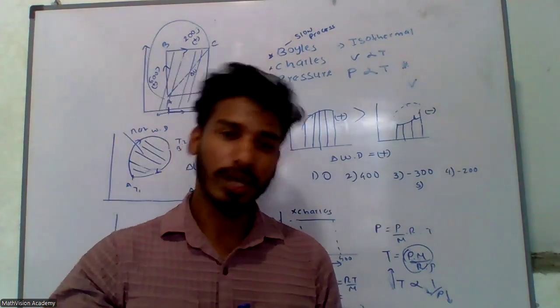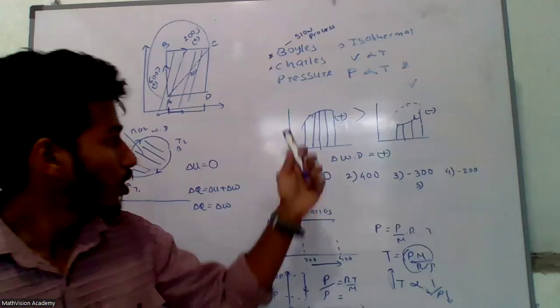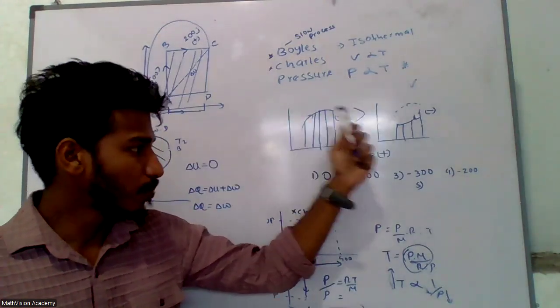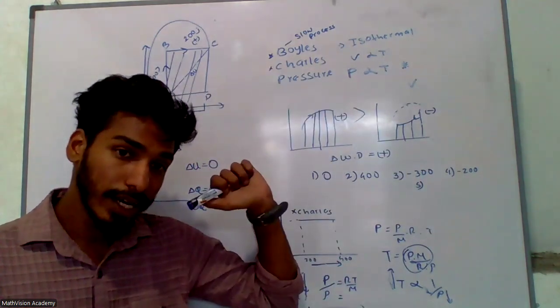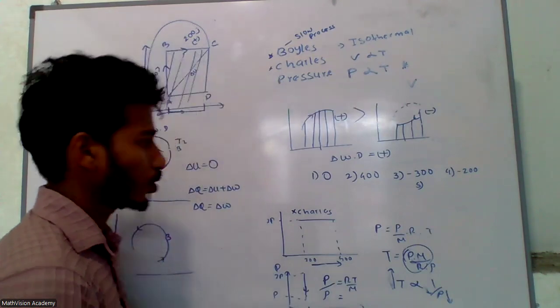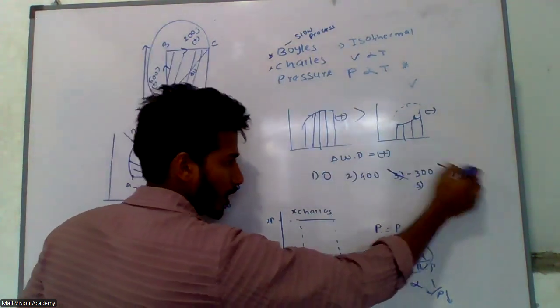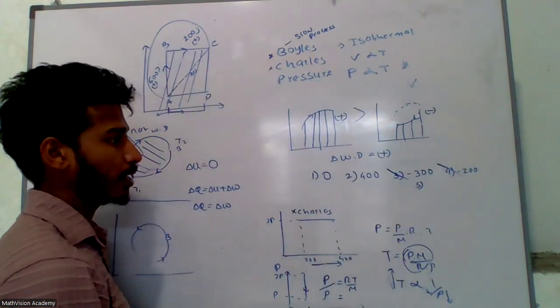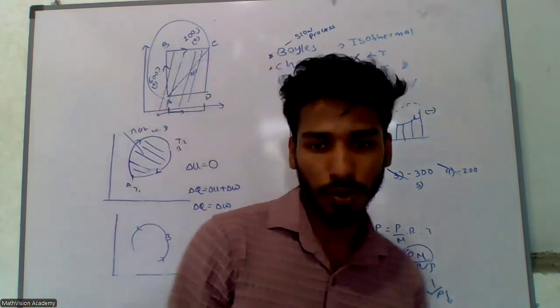Clockwise moment is positive, anti-clockwise moment is negative. Just get that thinking. So clockwise means there is a positive work done. So the same sign is present for delta Q, the same magnitude also. Okay? So you should get a positive answer, and of course it won't be 0. So this answer is 400.